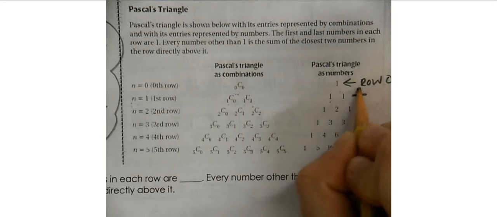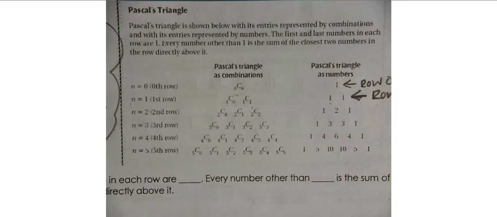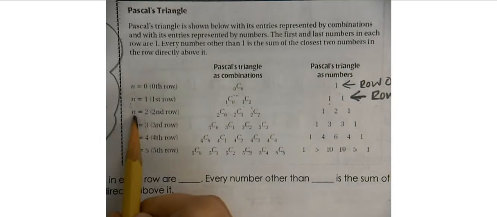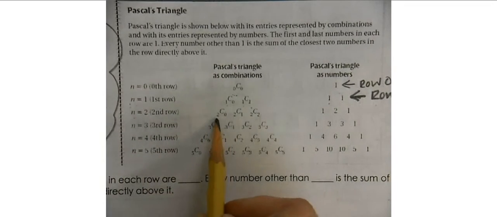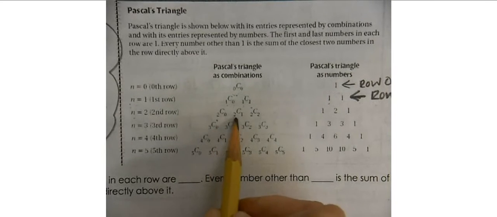So this is considered row 1. For n equals 2, that means we are doing 2 choose 0, 2 choose 1, 2 choose 2. So we end up with 1, 2, 1 if we were to put that into our calculator. This represents row 2.